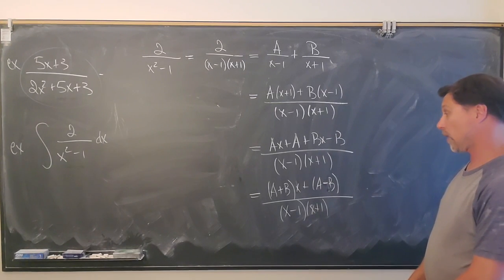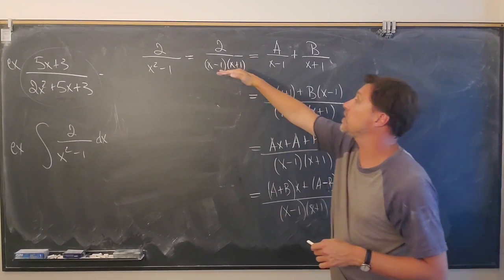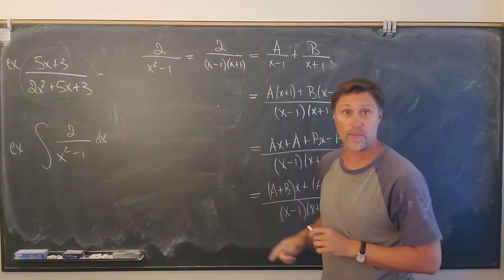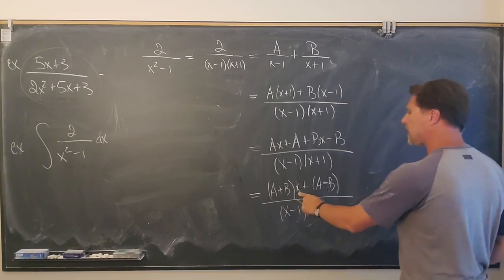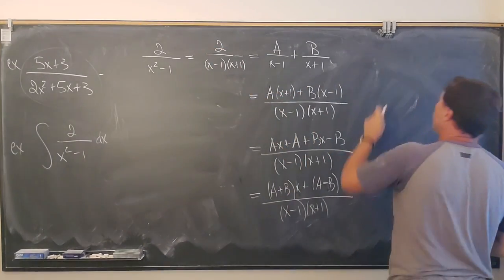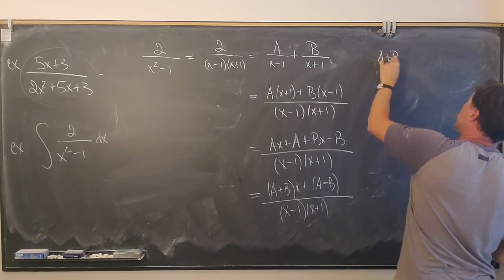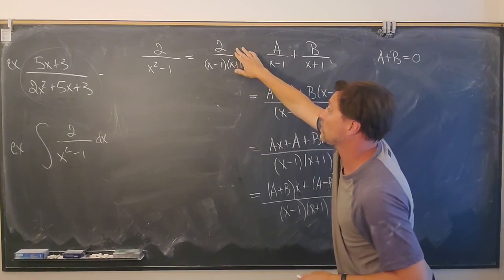Now we set up our equations. We know that this fraction here has to equal this fraction right here, so the numerators have to match. How do we make the numerators match? Well, (a plus b) times x has to equal 0 because there's no x term here. So a plus b equals 0. Also, a minus b has to equal the constant term on this side.